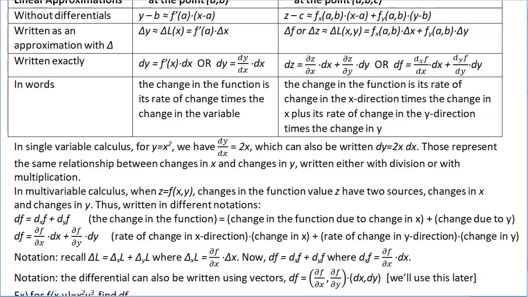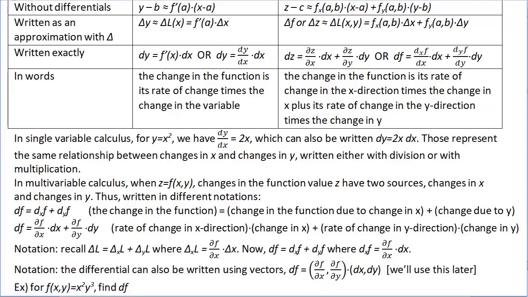Okay. Now let's try to do a little calculation. So for this function, f of xy equals x squared y cubed, let's calculate what is df. So we just go to our formula. We know that df is just partial df dx times dx plus partial df dy times dy. So we just need to calculate the two partial derivatives.